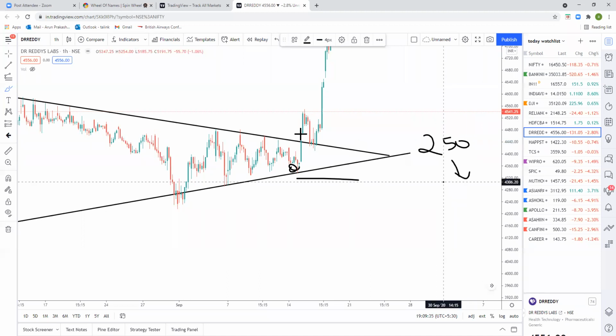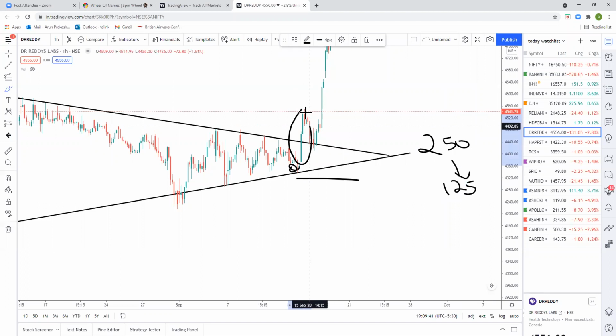Those days it was 250. So in a quick span of one day, I made a good profit. I didn't exit at the top, I just exited somewhere around here because in one day it gave me a good profit. I had taken around 2 lots, so it gave me very beautiful profits here.